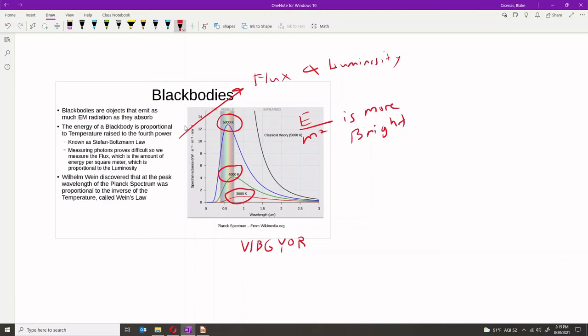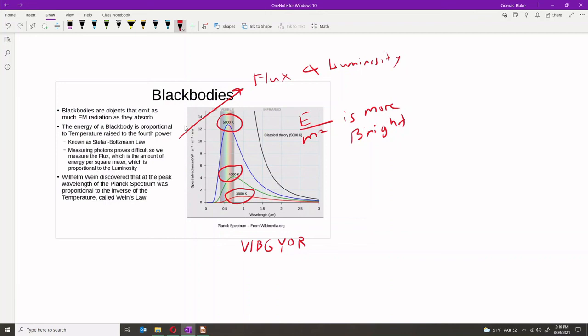And so that's what a big part of Wien's law was, that the higher temperature happens to be bluer in color, which goes right back to the fire example that I used, which goes right back to the energy being part of the actual photons. The more energy they have, which kind of makes sense, it means the more temperature they're going to have in a spectrum, which also means the hotter they're going to be in a flame, and so forth.